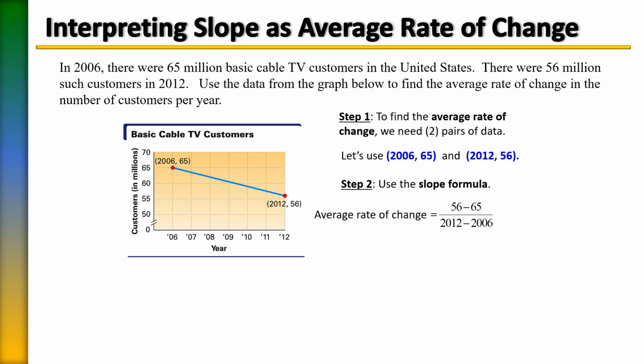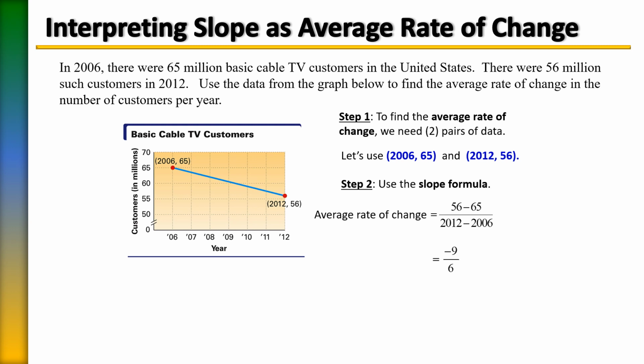So let's go ahead and subtract the top as well as subtract the bottom. That's going to leave us with -9 on top and 6 on the bottom. Now we are talking about customers here, so instead of a fraction, let's write it as a whole number, to the nearest whole number.